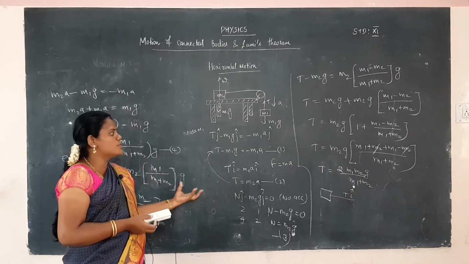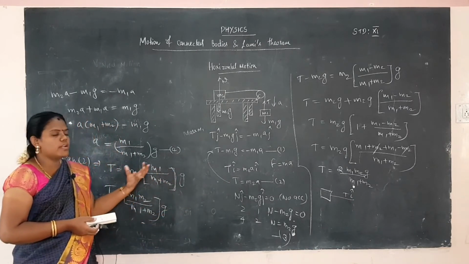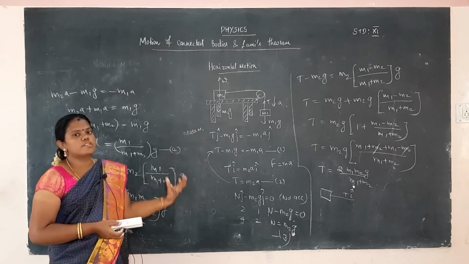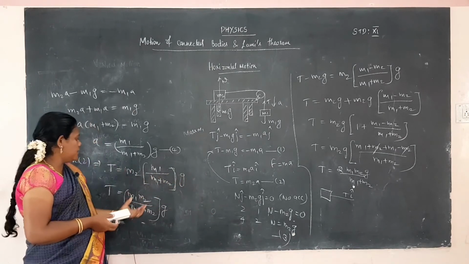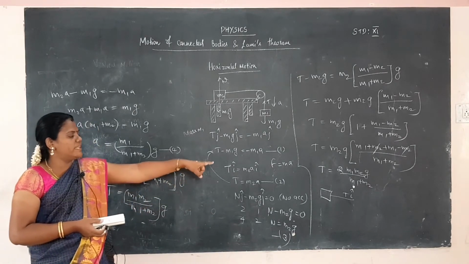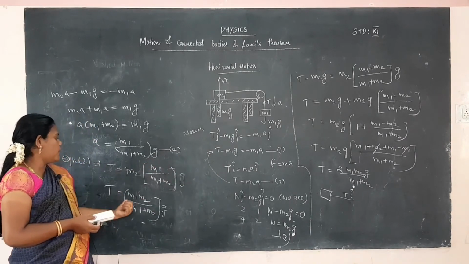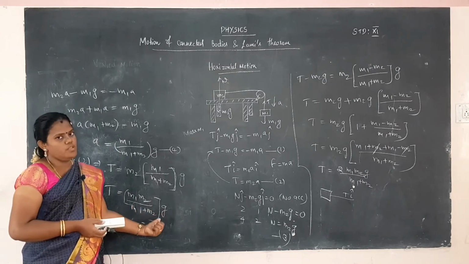So we have to conclude some points, that is, compare the tension acting on the two bodies, in horizontal motion and vertical motion. Vertical motion: T is equal to 2 into M1 M2 G by M1 plus M2, and horizontal motion: T is equal to M1 M2 by M1 plus M2 into G. Clear?